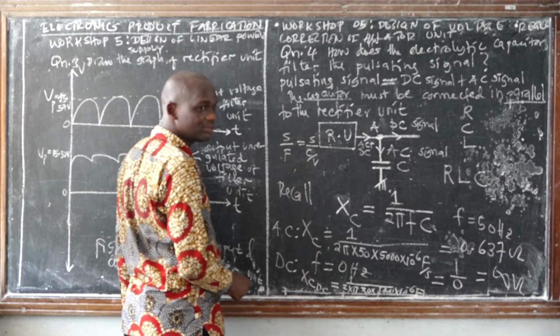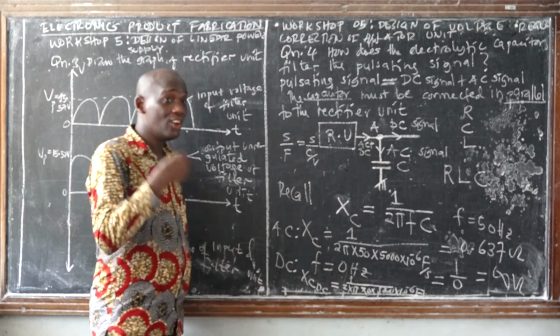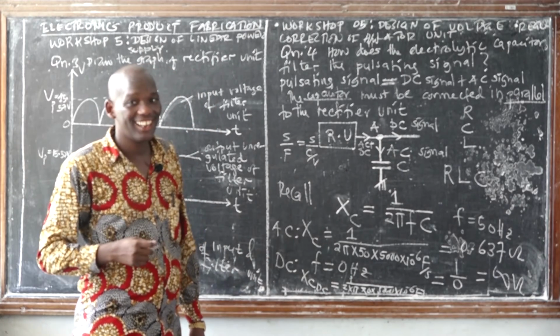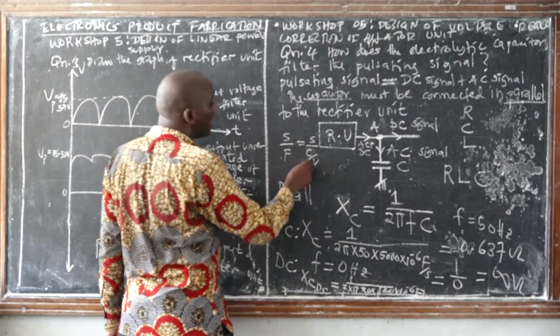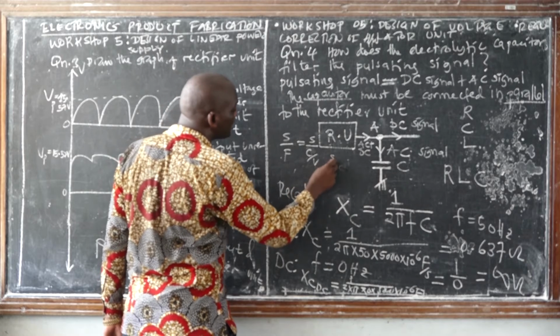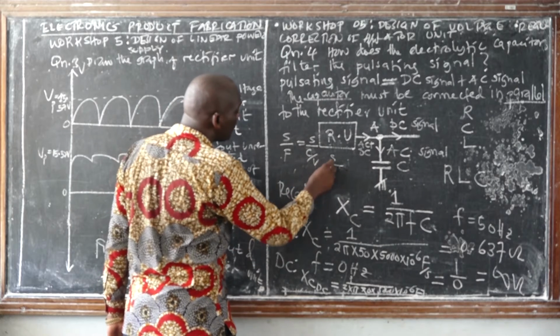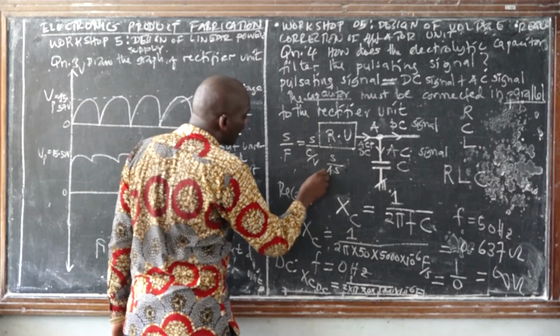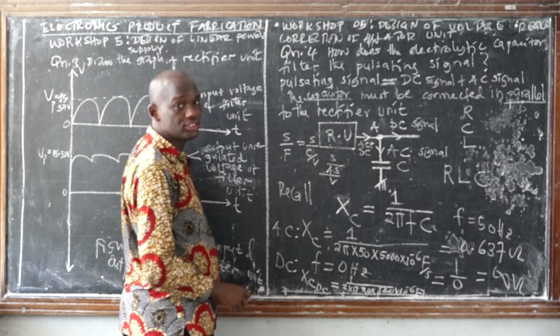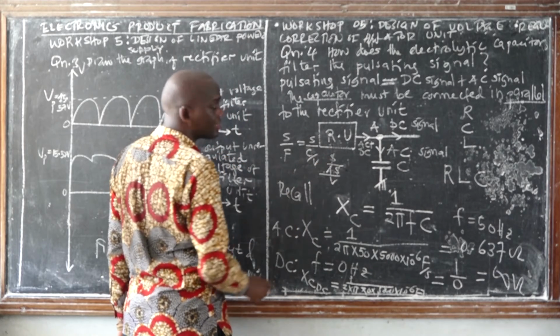You don't bother yourself, you just know resistance is ohm. What is the quantity of charge? Quantity of charge is current times time, which is ampere times second, divided by voltage. So second and second cancel.